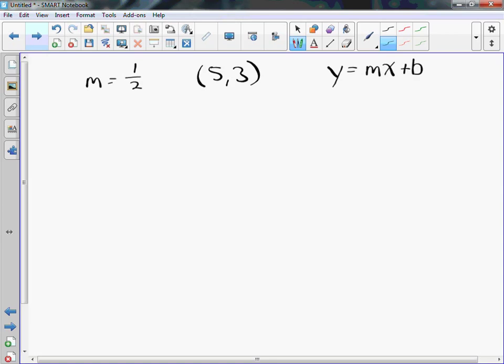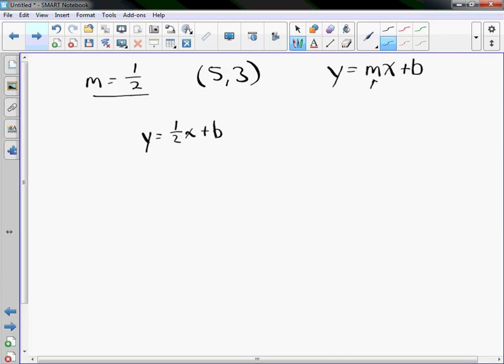What I can do is plug in the slope. 1/2 is my slope. I can plug that right into m. So I get y equals 1/2 x plus b. Lots of things I don't know. For a final equation, I need to still know b for sure.